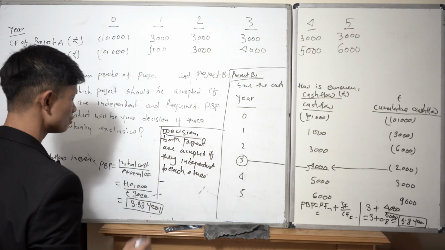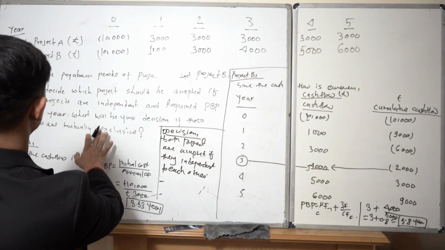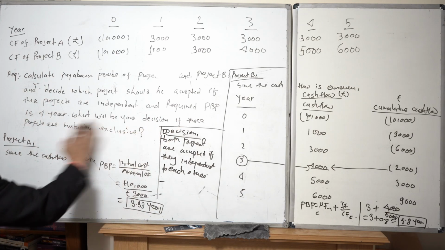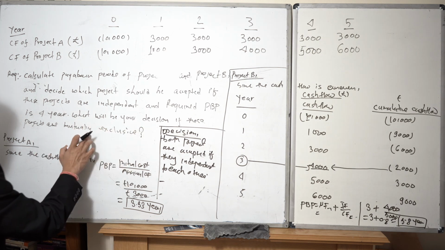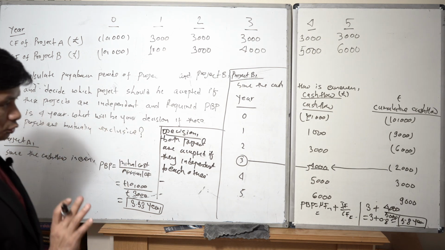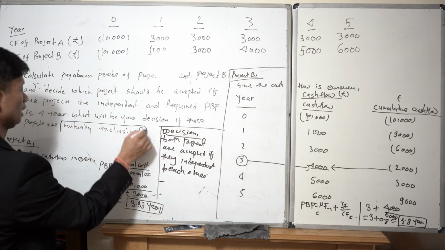And for the second case, what will be your decision if these projects are mutually exclusive? So we have to choose one of them. That is the main concept of mutual exclusivity.